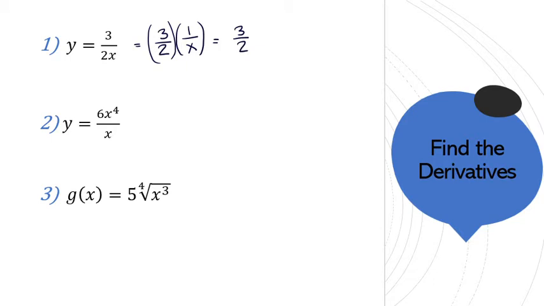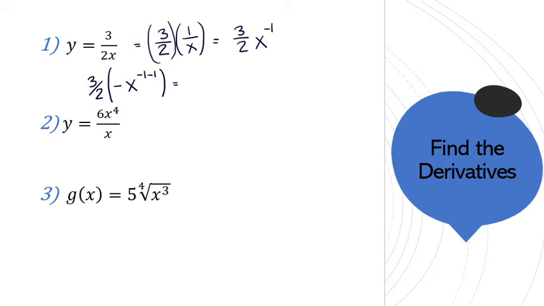So instead of writing 1 over x, I will write it with a negative exponent, x to the negative 1. And then I'm just going to apply my power rule, and remember that I don't get to mess around with the constant. So I'm doing lots and lots of steps. There's my constant, my derivative, negative 1 comes in front, x to the negative 1 minus 1.